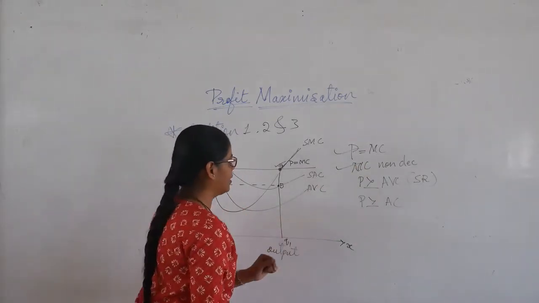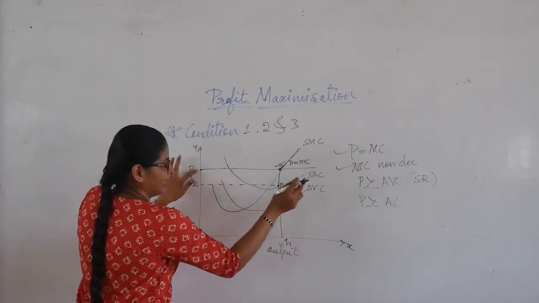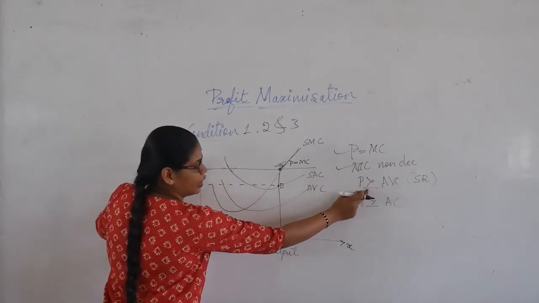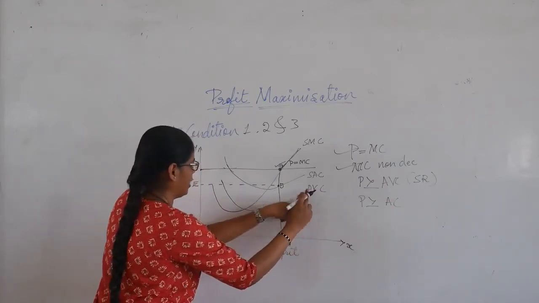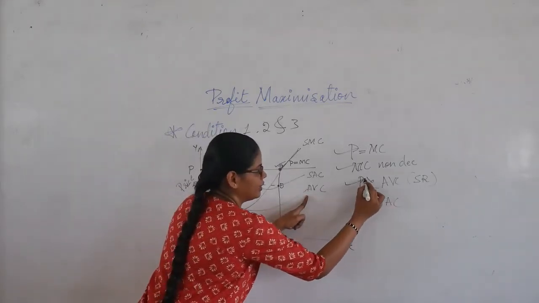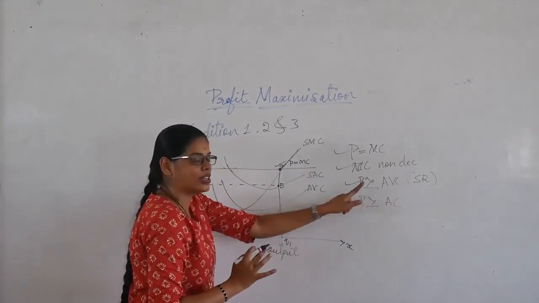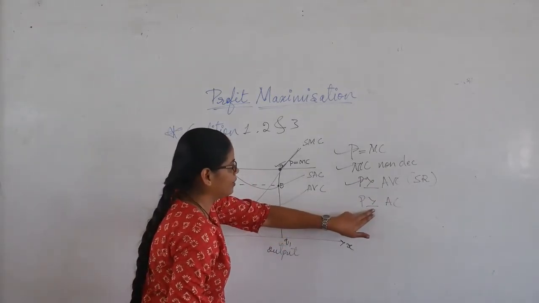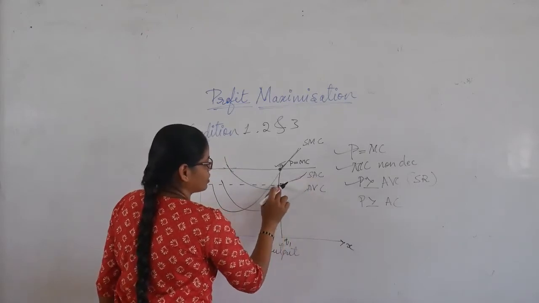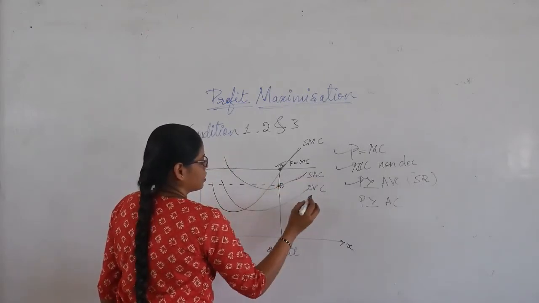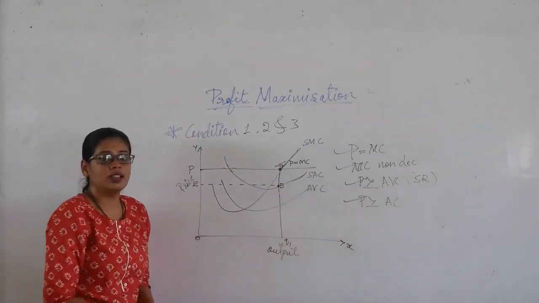Now looking at the third condition, price should be greater than or equal to the average cost. You can see here the average cost curve is here and the price is here. In the short run, this condition is satisfied too, and this average cost curve is also here, so the third condition is also satisfied.